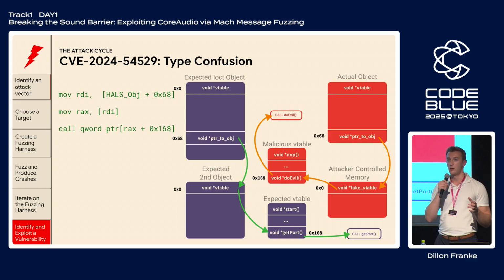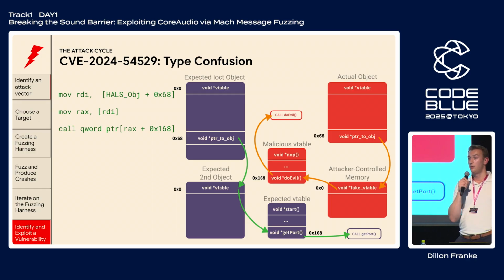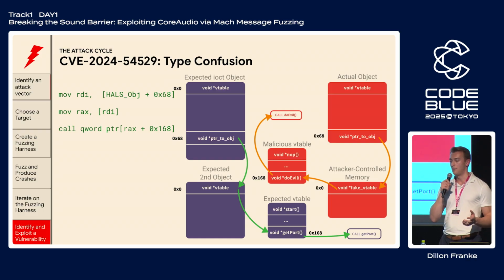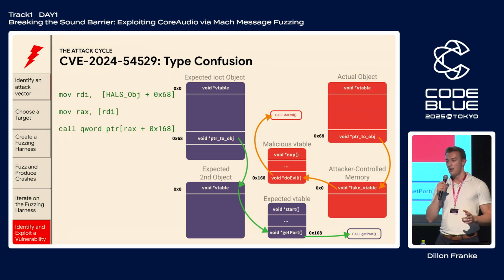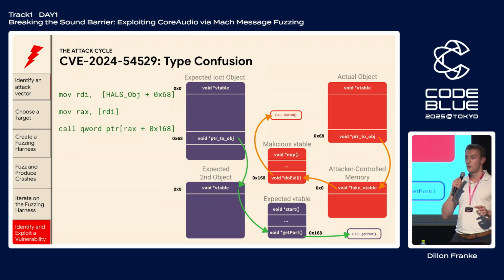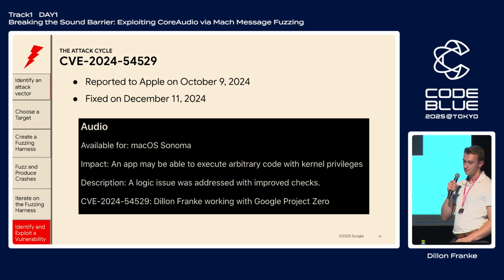We'll call it get port here. But what actually happened is we passed a completely different object that it wasn't expecting. So instead of pointing to the vtable it was expecting, it pointed to garbage data, and we had a crash occur. From an attacker perspective, if we can control both that first offset 68 and also the data that it points to, we can potentially hijack that control flow and get code execution.